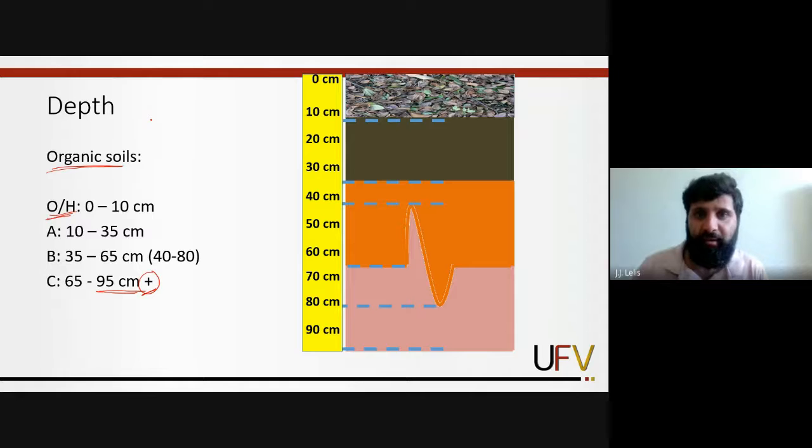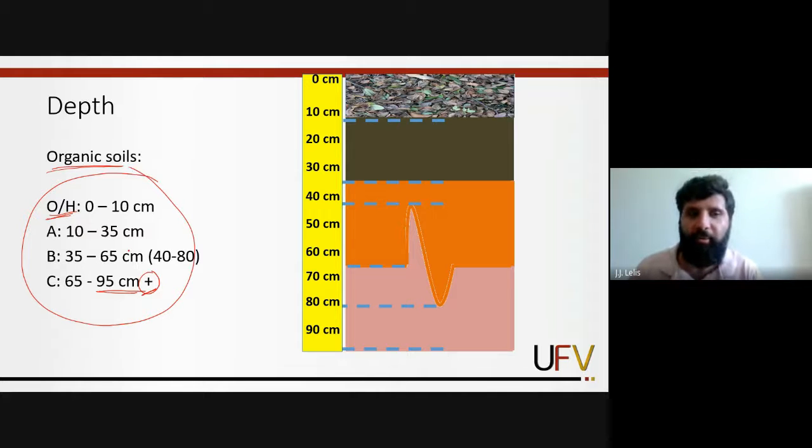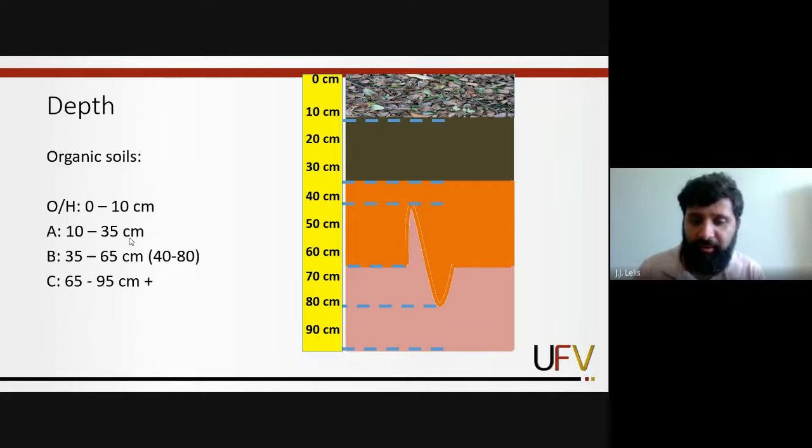So it's an expressive horizon or layer that should be noted in my information about the depth of the soil profile. Okay? So it's very important to understand that mineral and organic soils should have different notation according to the presence or absence of organic horizons or layers.